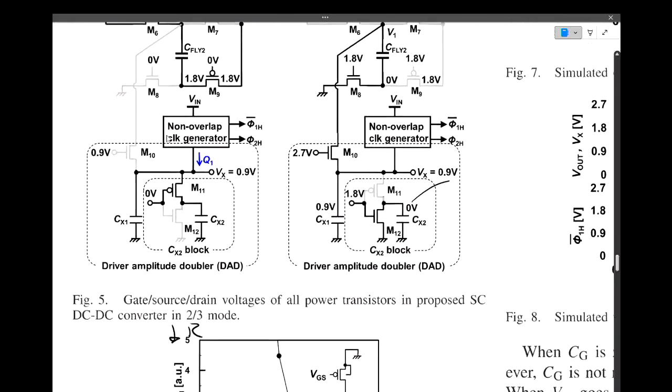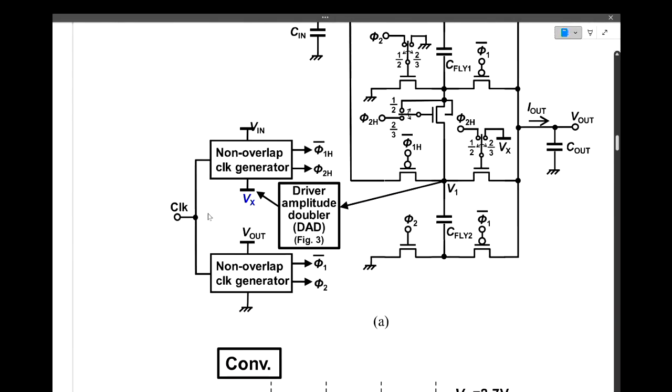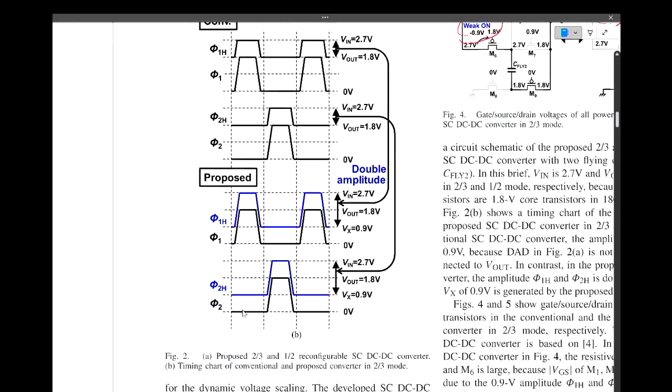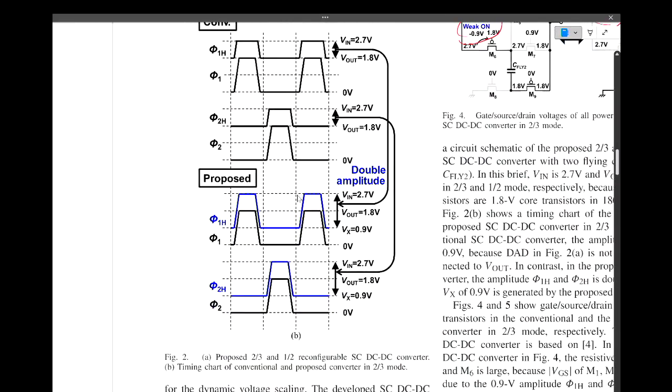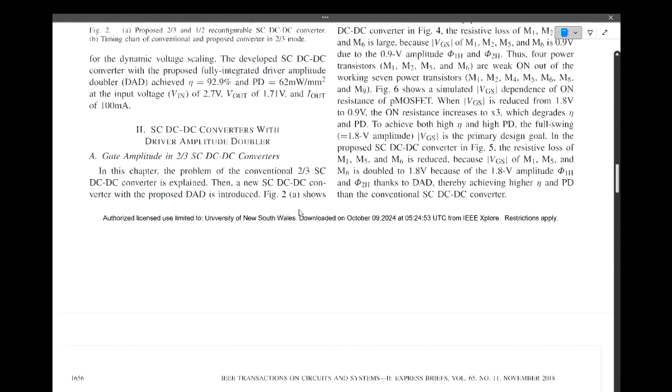Instead of having the clock go to V out at the bottom here, it goes to Vx, where Vx is lower. So that doubled the amplitude here, and that allows a bigger VGS on the transistors.